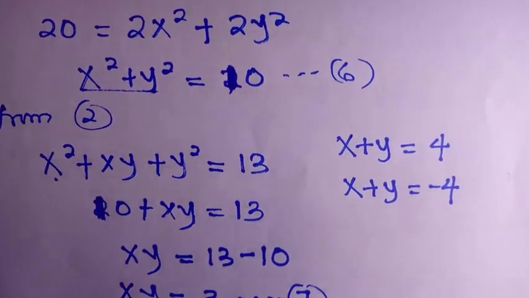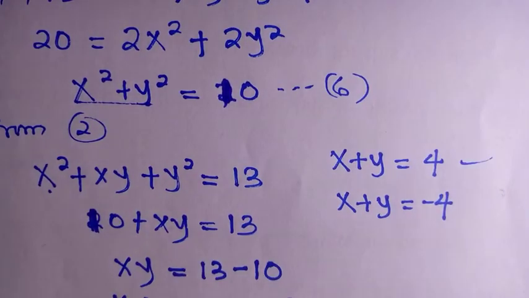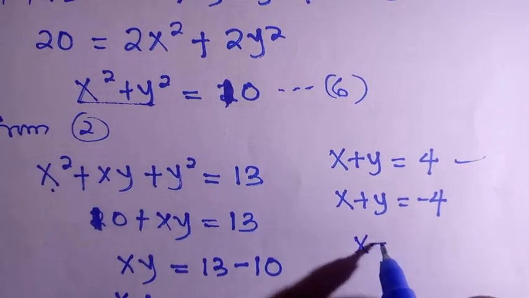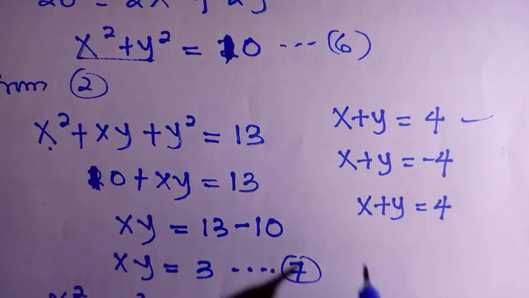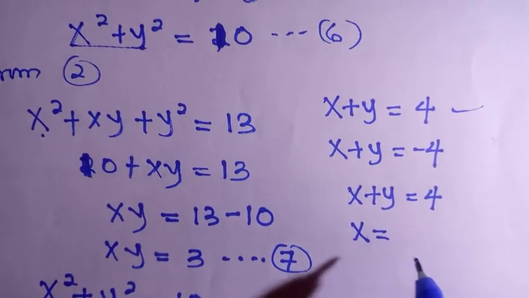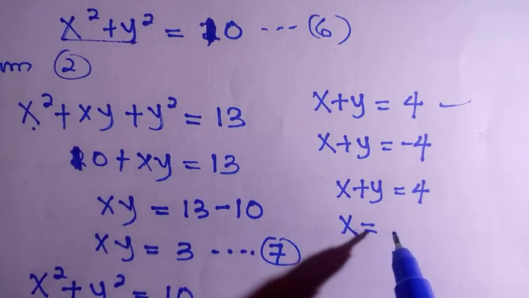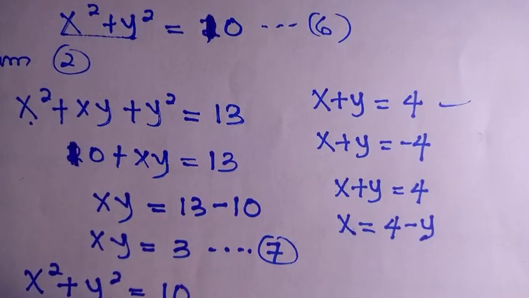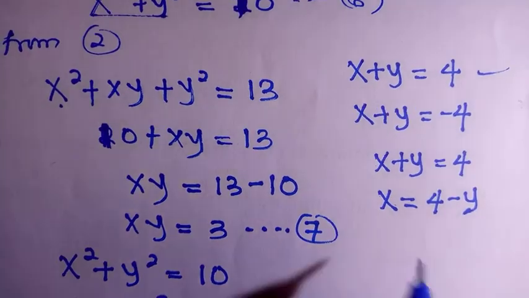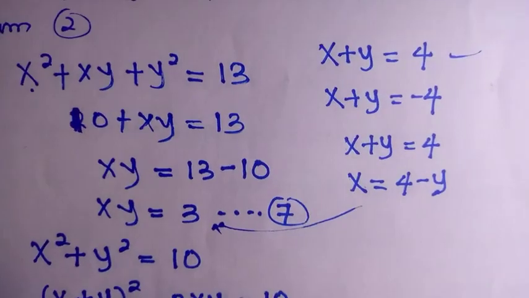Consider equation 7, and I will deal with the positive side first. So x plus y equals 4, and if I make x the subject of the formula, we're going to have x equals 4 minus y.